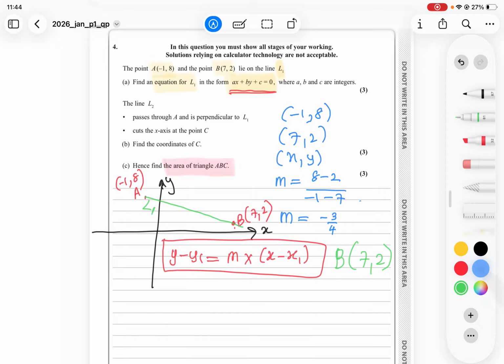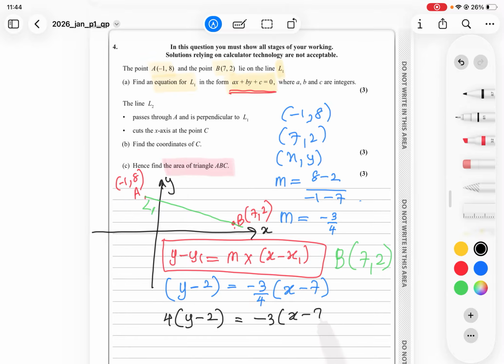So here we can write y minus 2 is equal to -3 divided by 4 times (x minus 7). I'll multiply the whole equation by 4 so that I can get rid of the fraction. So the equation looks like 4(y minus 2) equals -3 times (x minus 7).